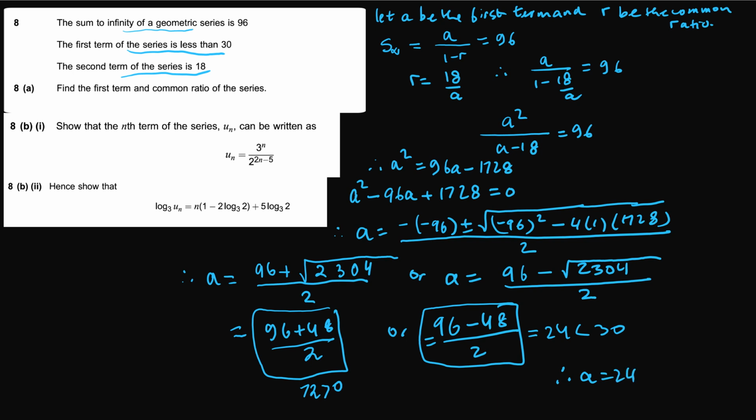Once we know that a is 24, I can work out what r is. So r is 18 over 24, and that is 6 times 3 over 6 times 4, so it's 3 over 4. So a we found out to be 24, and r is 3 over 4.